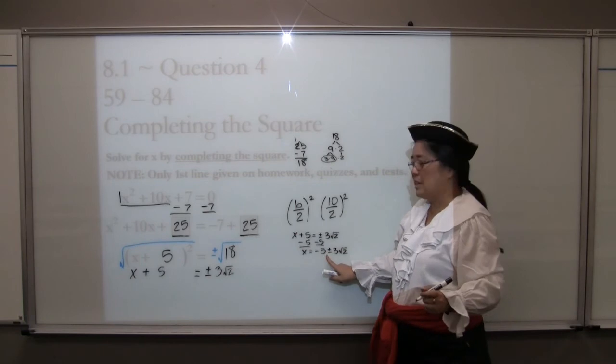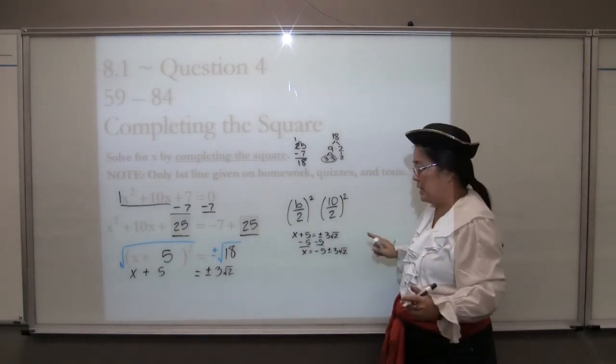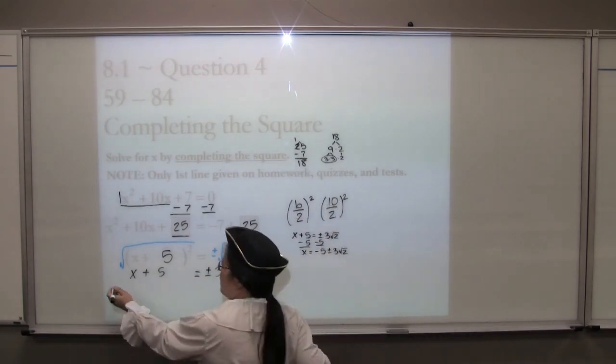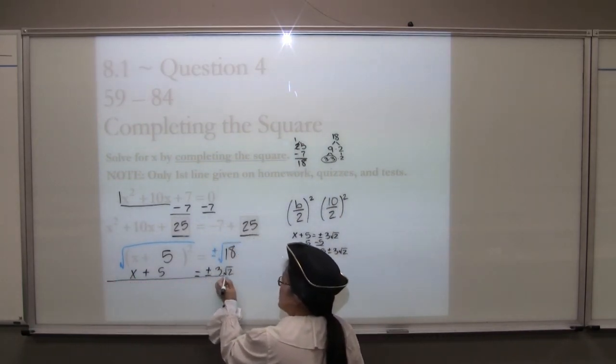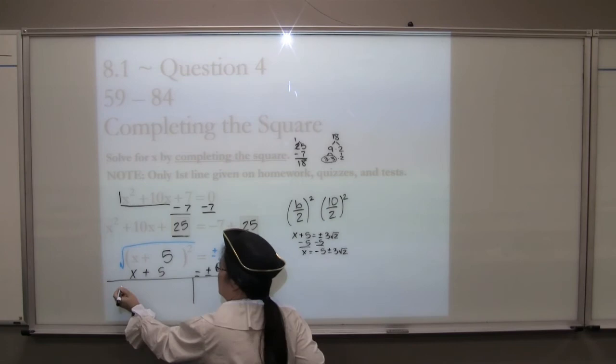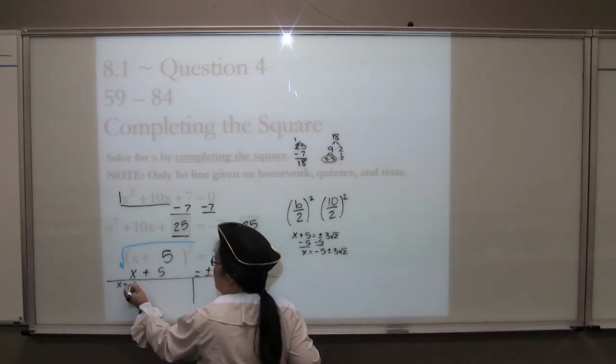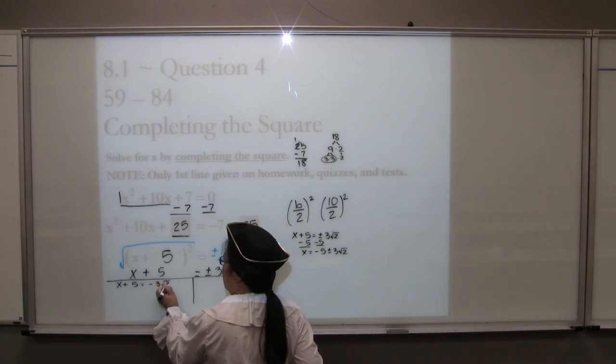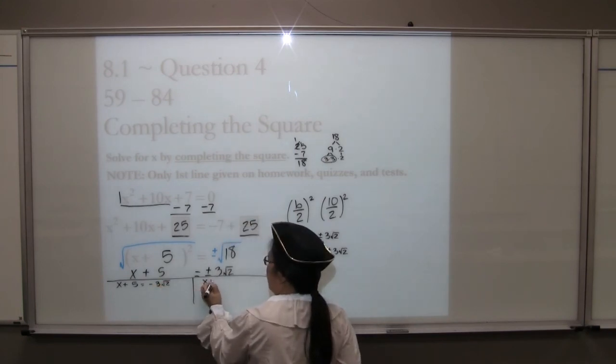The square roots and the plus or minus, those are the second things. I would accept this answer, but I would rather you prepared for college. So therefore, what I would like to see is x plus 5 equals the negative version first. X plus 5 equals the positive version second.